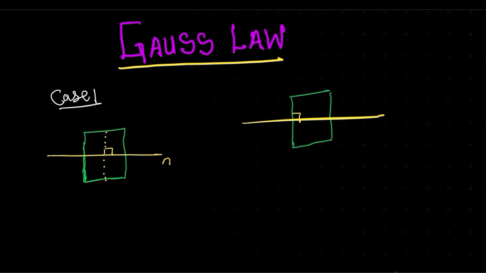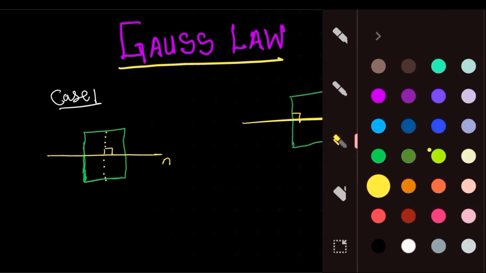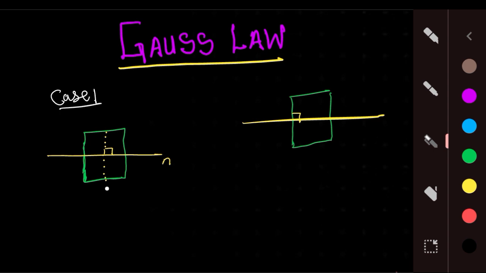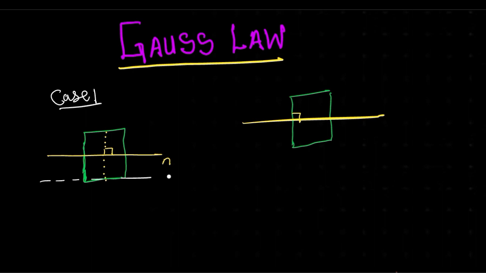Now listen very carefully. Let's take our first case. If this field is passing through the normal, it's passing through like this, like this, like this. Are you getting it now?